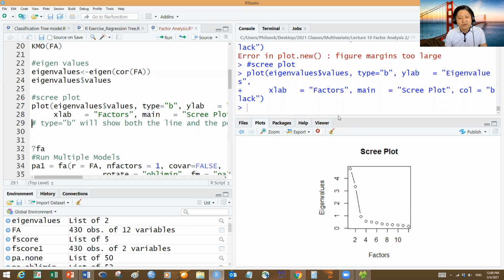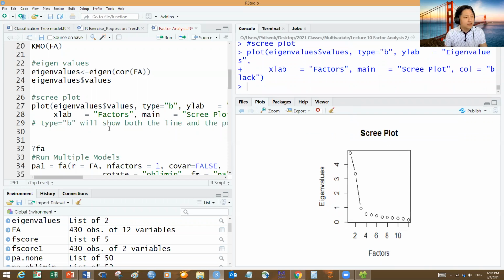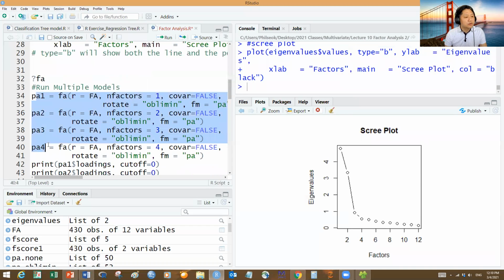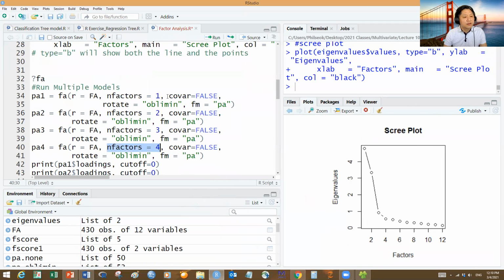Let me go back. I ran 4 different models: first factor, second factor, third factor, and fourth factor. I added cor var equals false, which means I'm going to use the correlation matrix.